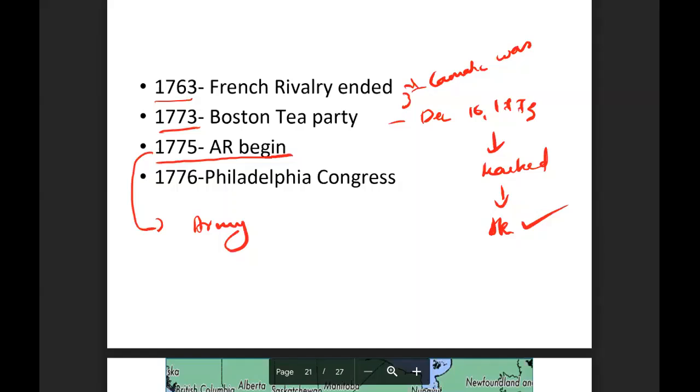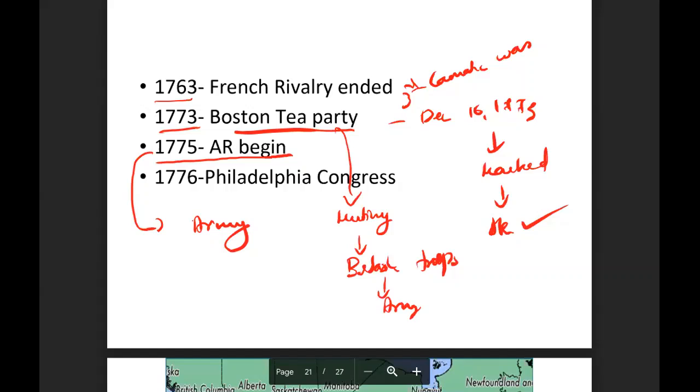I'll tell you. After the Boston Tea Party, the crown thought that some mutiny was happening, because violence was happening. So the crown brought British troops to America. The army came to America from England.